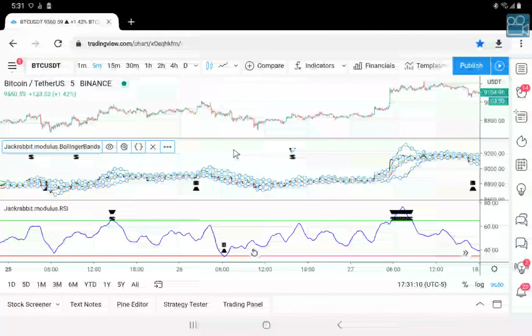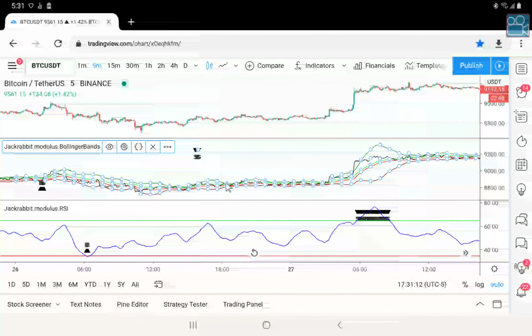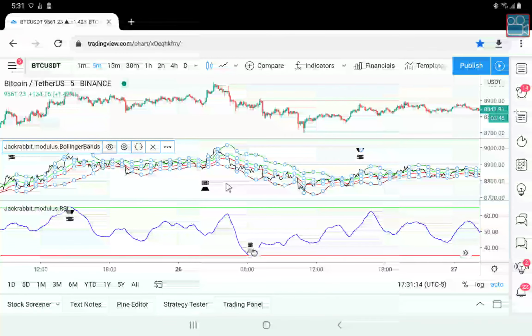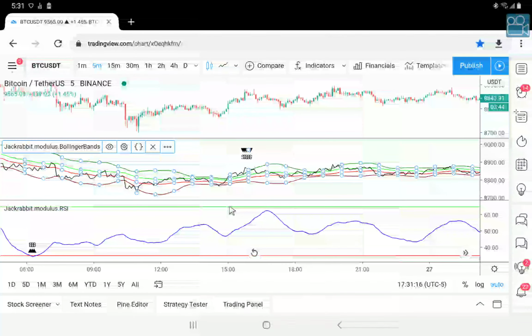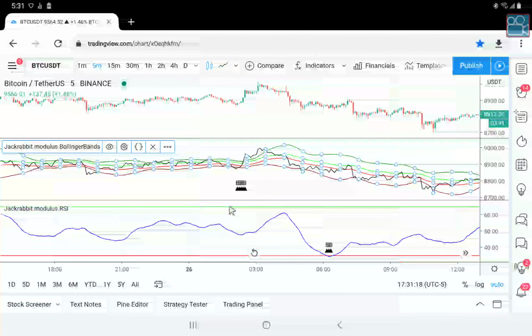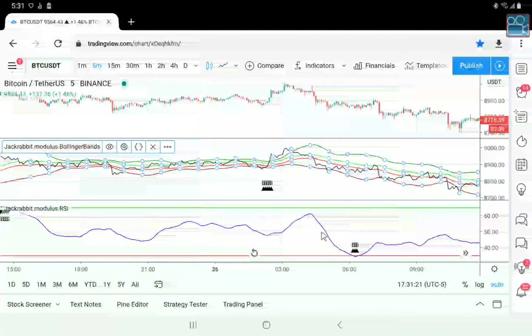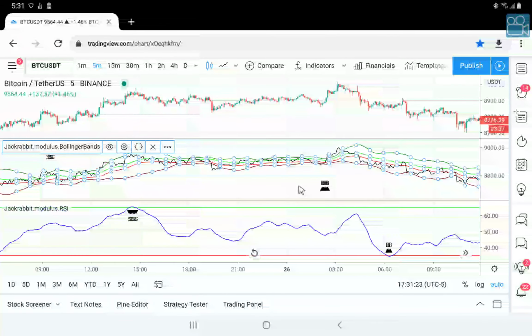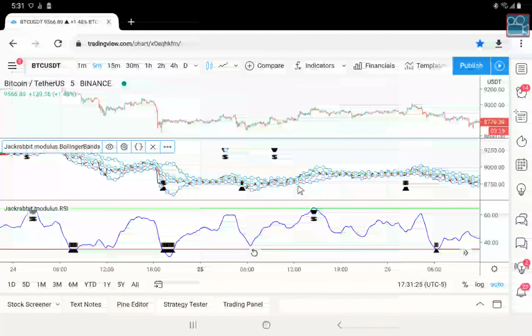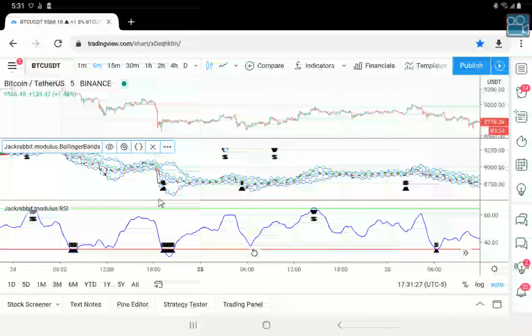Okay, we have a buy signal here. Let's see how far off these are. And this is pretty much, okay, this is too far off. And that's basically, here we go, we have a match.